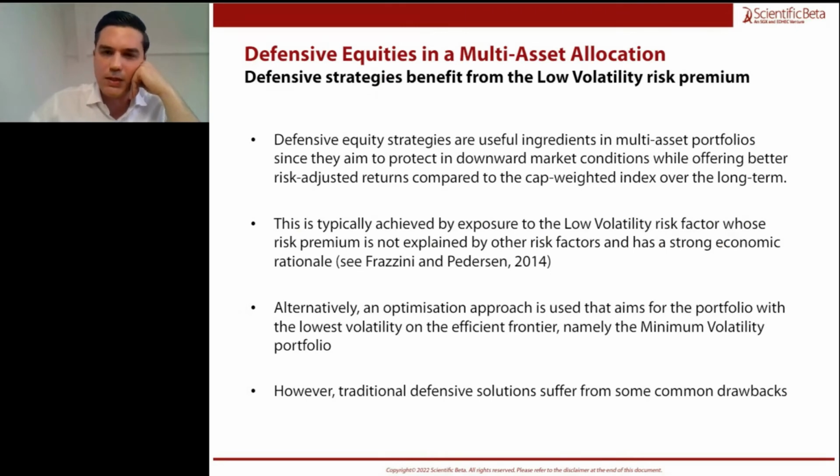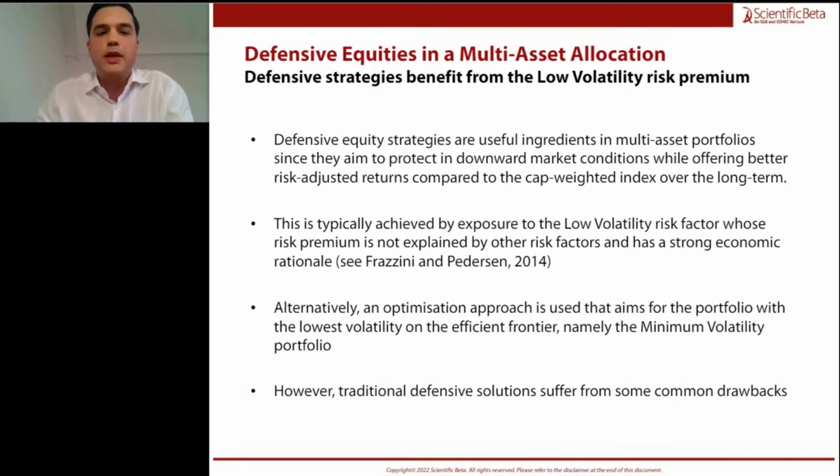First of all, to set the scene, the idea behind defensive strategies is that they can be useful in a multi-asset allocation because they can protect during downward market conditions, but also they can offer a nice risk-adjusted returns over the long term. This is possible because these strategies tend to have exposure to the low volatility risk premium.